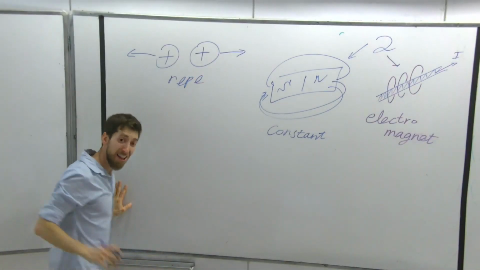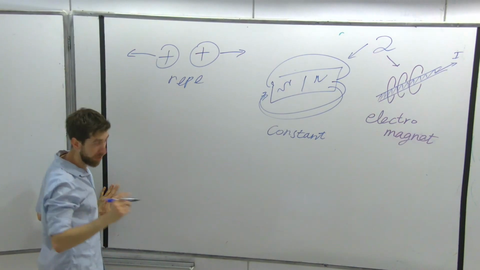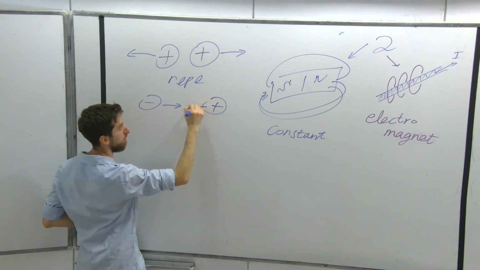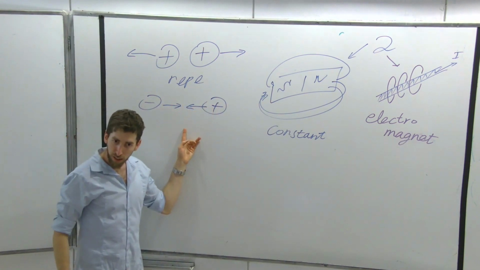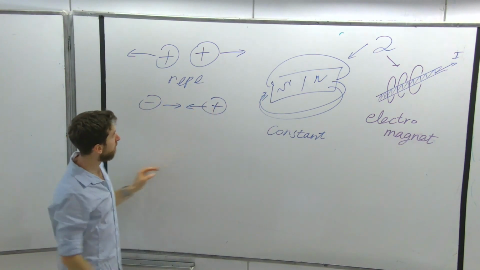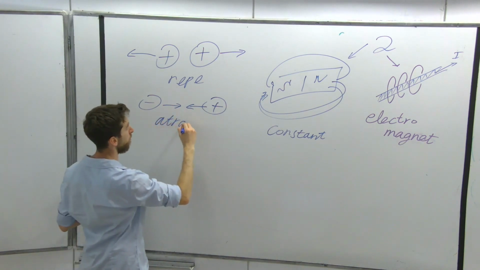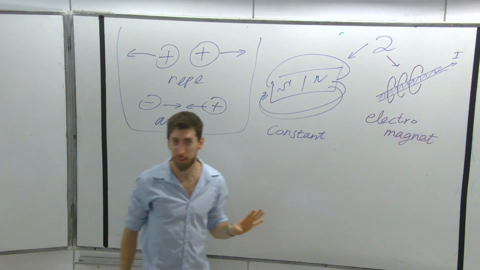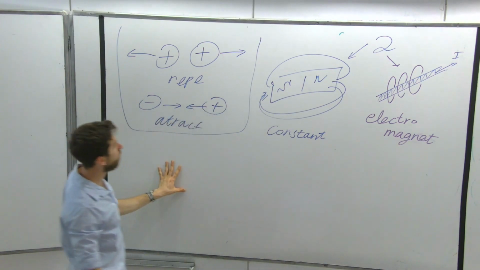And we also learned another rule, a different one: that plus and minus attract each other. So we have two different rules, and we have two different rules in magnetics too. What are the two different rules that we have in magnetics?